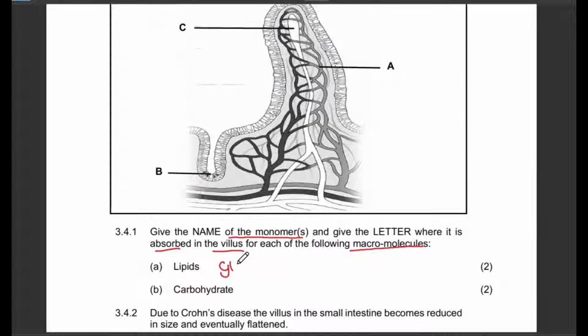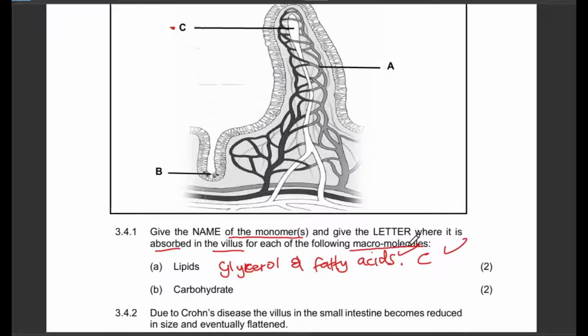So the monomers for lipids are glycerol and fatty acids. If you want to be specific, the monomers will be 3 glycerol and fatty acids. Now the letter of where the fatty acids and glycerols are going to be absorbed is letter C. Correct? That's it. Letter and the name of the monomer.